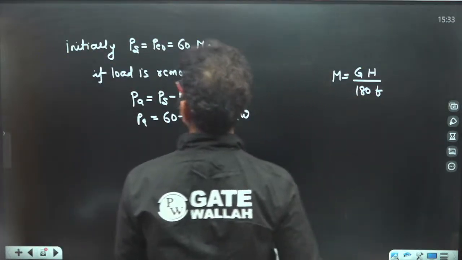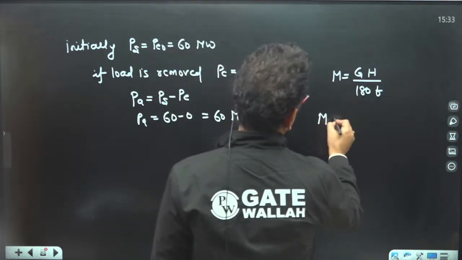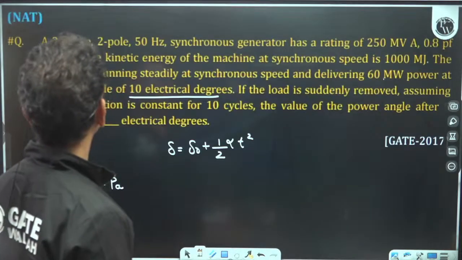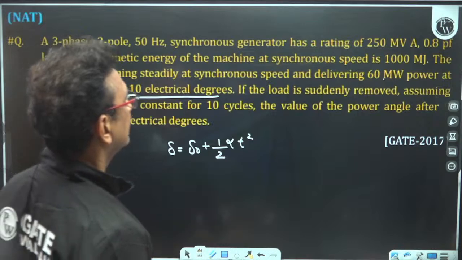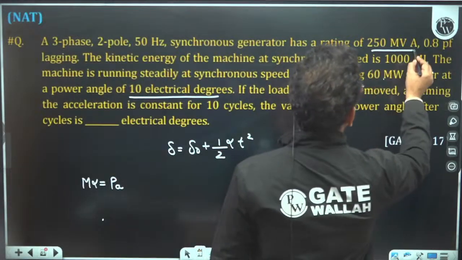Megajoule second upon electrical degree. The value of M is G into H. G is 250 MVA.